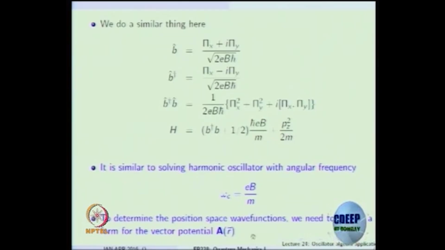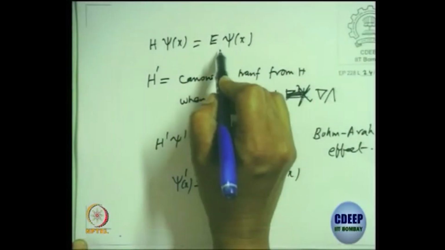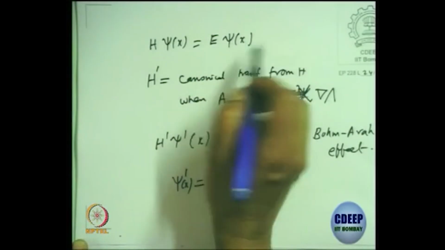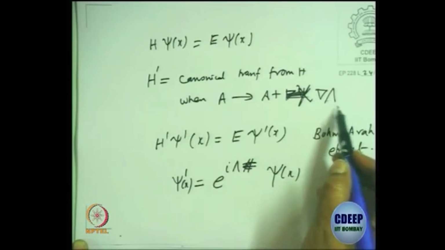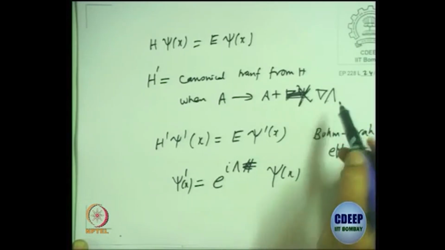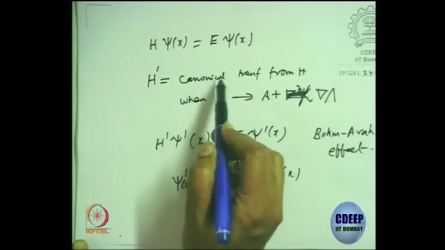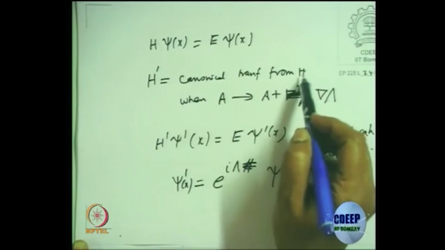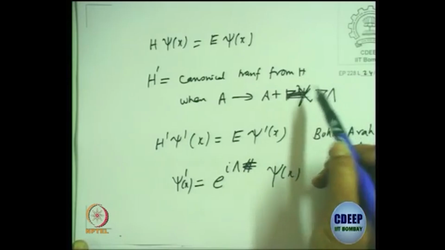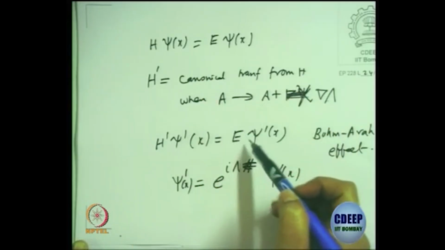Just for completeness, for the Hamiltonian of a particle in a magnetic field, suppose we take the wave function with energy eigenvalue E. By doing a gauge transformation A to A plus gradient of lambda, you could get a new Hamiltonian, but this is what we call a canonical transformation of the original Hamiltonian, because the energy spectrum remains the same.